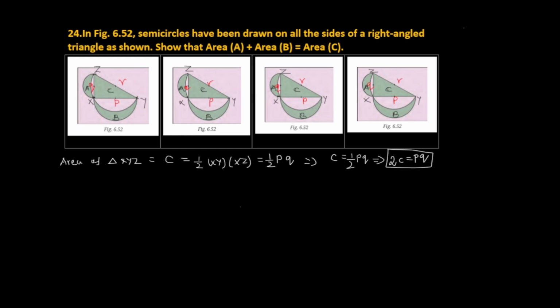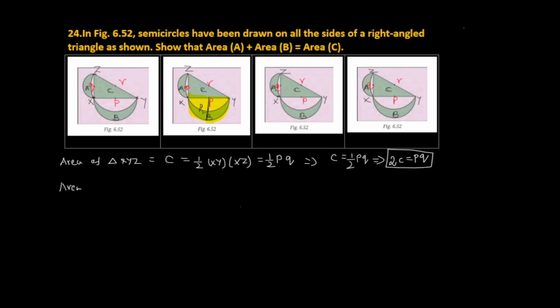Now look at the second diagram. Based on the sides, I am going to take a semicircle. Based on XY, we can see the semicircle. This is the semicircle based on XY. So XY length is P, the diameter is P, so the radius is P by 2.